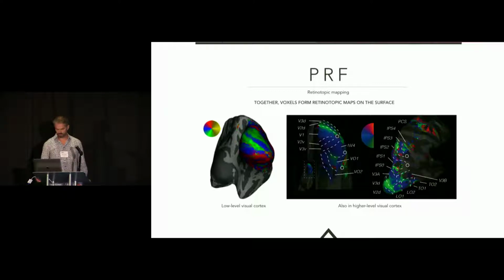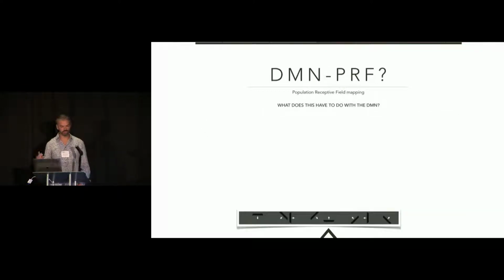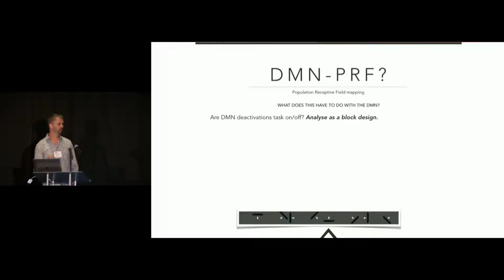Okay, so that's our technique, but what does it have to do with the default mode network? If you show a visual stimulus like this, and keeping in mind that the task was equally difficult whenever there was a stimulus on the screen, you would say, okay, these default mode network activations, if they represent task engagement, you would expect them to cause signals in an on-off manner.